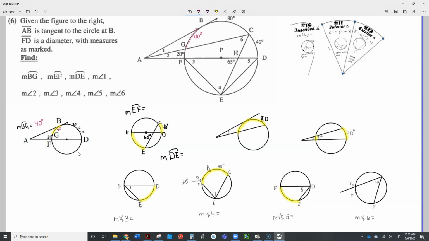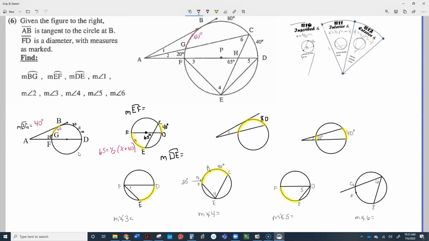It has 2 arcs, and since it has 2 arcs, I'm going to add those 2 arc measures together, take half of it, and that's going to be the measure of my angle. So my angle right here, which is 65, that's equal to half the sum of the 2 arcs. Now this arc, which is FE, I don't know. I'm going to call that X.